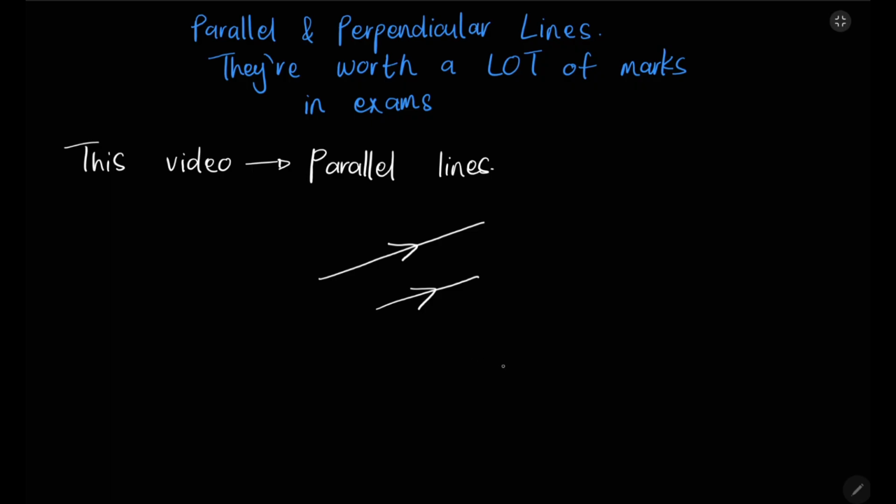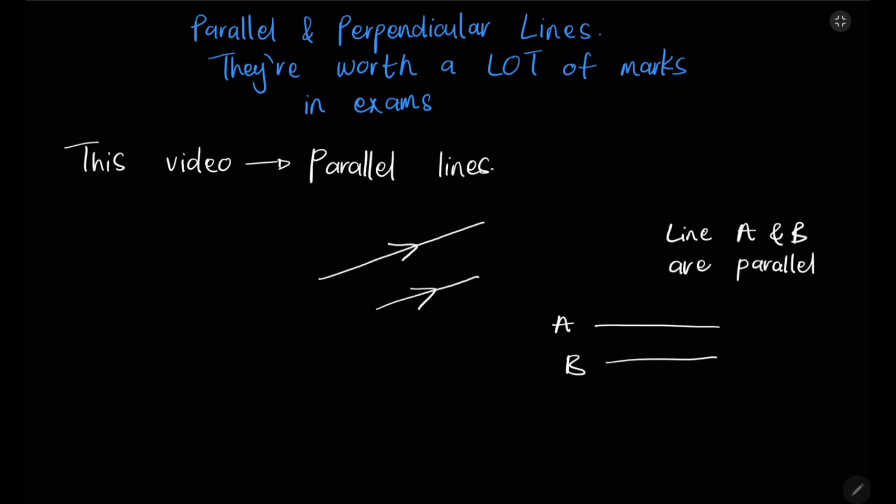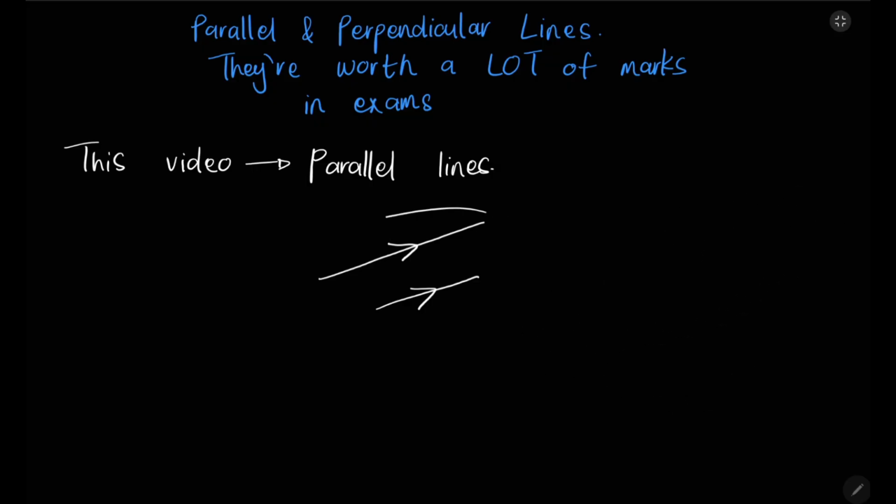Or they usually say something like, let's say we have those two lines, this is line A and that is line B. They might give you a statement and say line A and B are parallel. So in a diagram that you're given, you may use those two things to prove that the two lines are parallel.